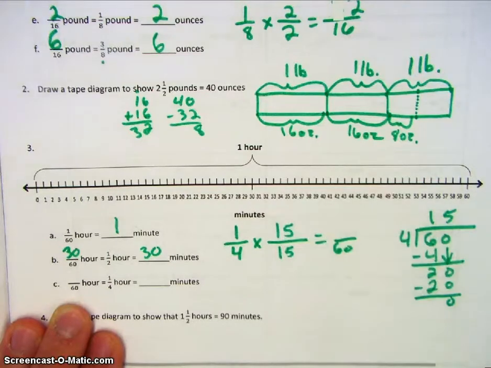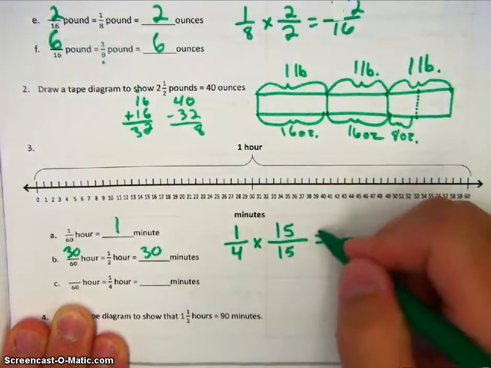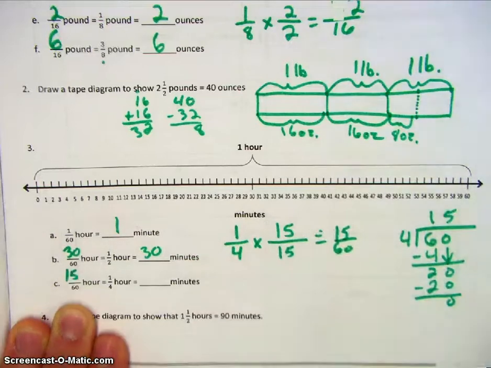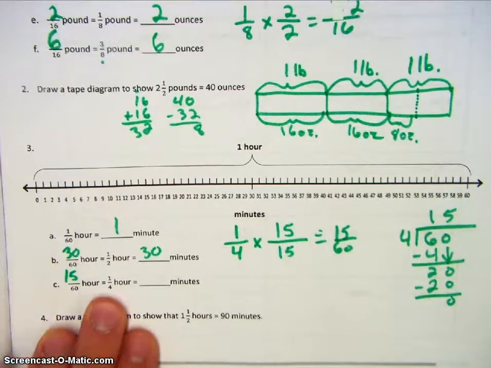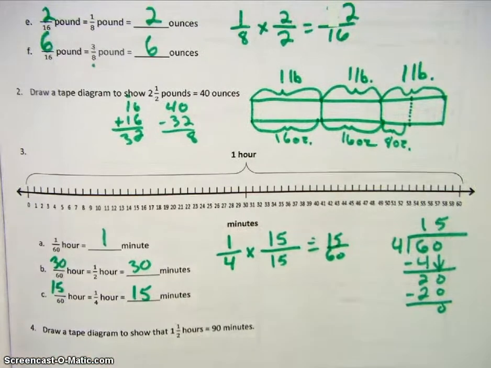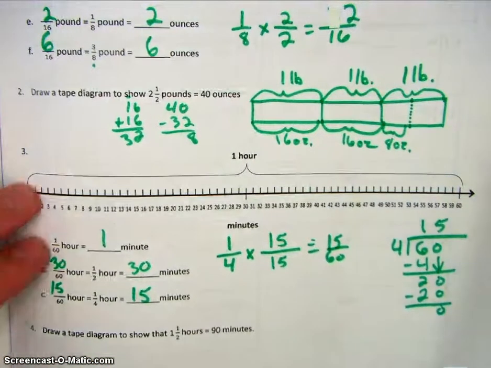So we're going to take our 1/4 and multiply by 15/15ths to show that 15/60ths of an hour equals 1/4 of an hour, which is 15 minutes. So 1/4 of an hour is 15 minutes, and we're going to need to remember that for the next page.